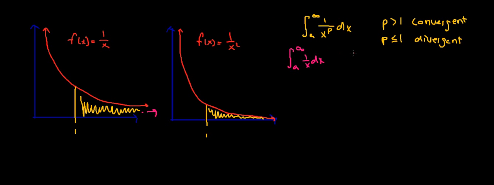First thing I'll do is replace this infinity with t, and a with 1. Then integrate. So I've integrated it thus far, but in order to figure out if there is a definite area underneath this curve, I'll need to take the limit as t goes to infinity.